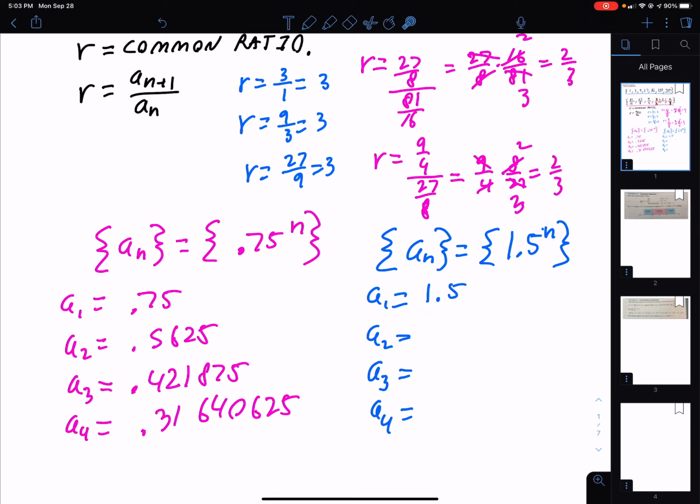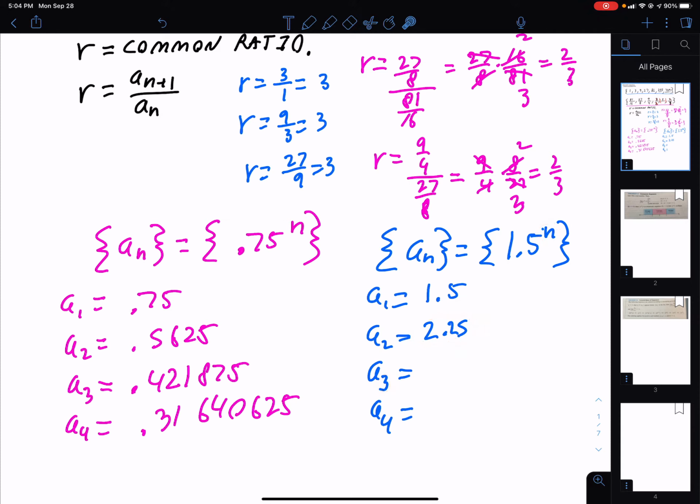So what do we get? 1.5 times 1.5 is 2.25. I knew that. I just didn't want to be embarrassed and say it and it come out wrong. Okay, so next we want a sub 3. So that's going to be cubed. That's already squared, so we're going to multiply that by 1.5.